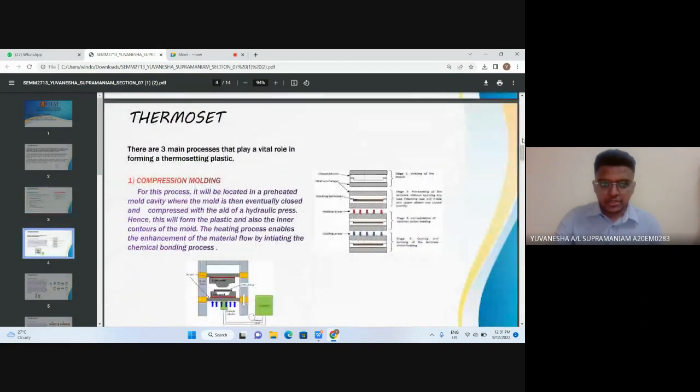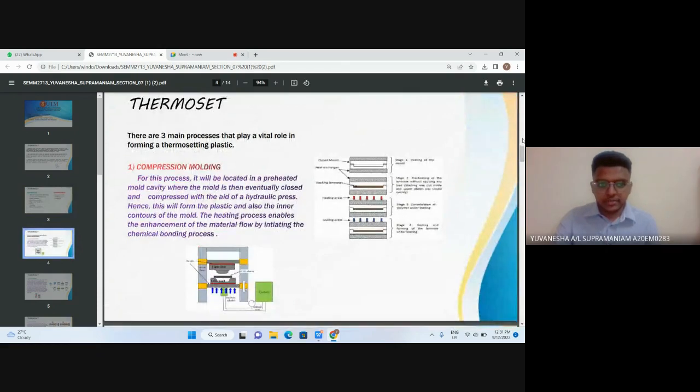Now, thermoset undergoes three main processes in order to provide a great product. Number one would be compression molding. What is compression molding? For this process, the material will be located in a preheated mold cavity where the mold is then eventually closed and compressed with the aid of a hydraulic press.